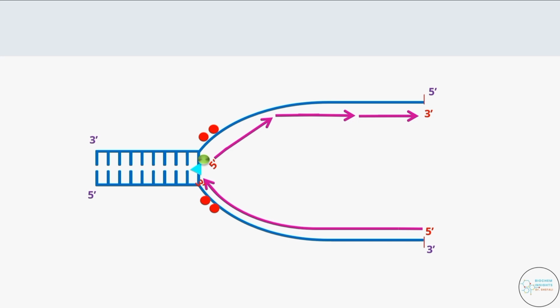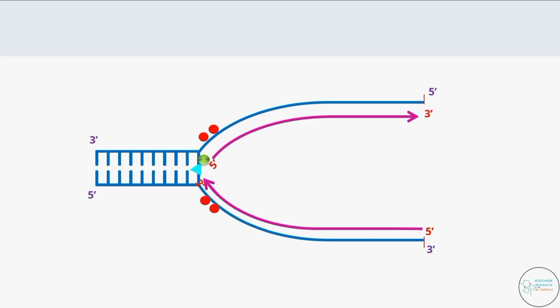So to fix this problem, one more enzyme called ligase comes onto the lagging strand and fuses the DNA ends together so that the lagging strand becomes perfectly connected and continuous. So this was one half of the replication bubble. Now let's see what happens at the other half of the replication bubble.